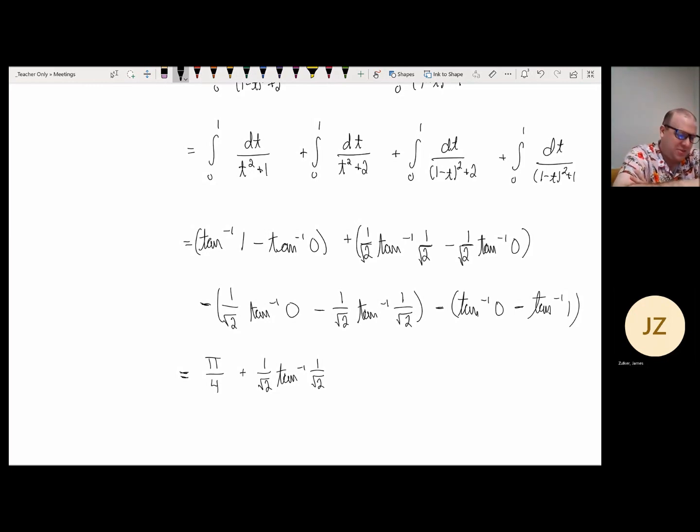Again, inverse tangent of 0 is 0, so that's gone. Then we get another plus 1 over root 2 inverse tangent of 1 over root 2. 0, and then minus negative pi over 4.